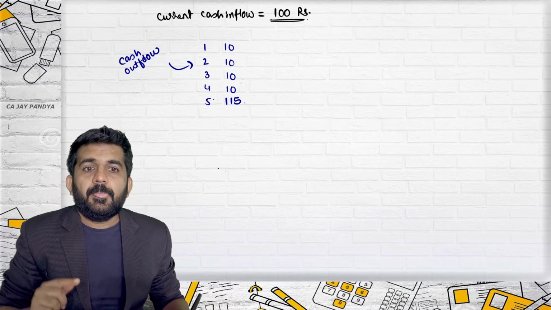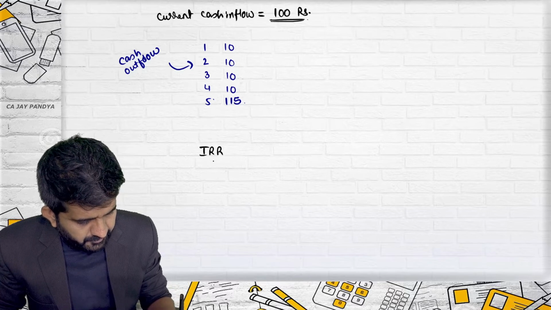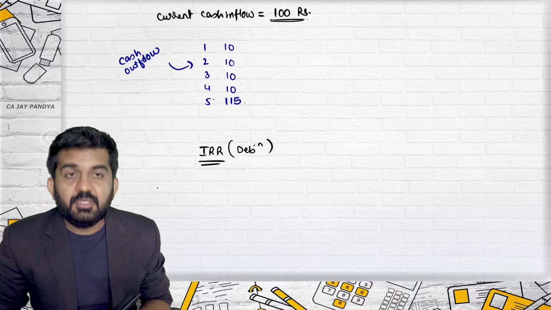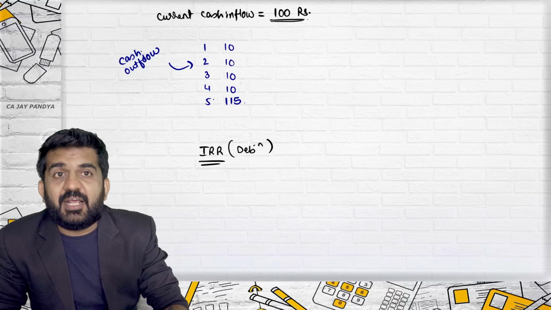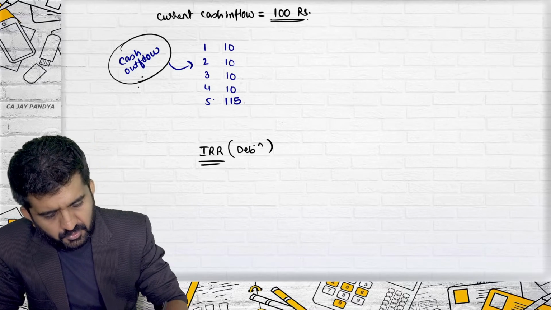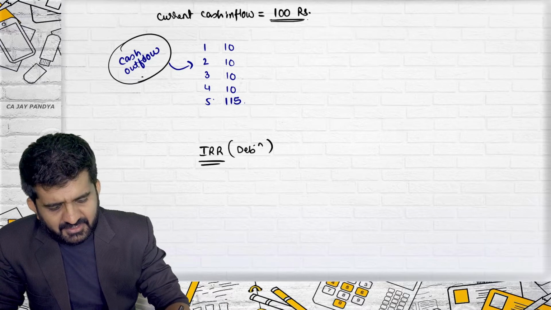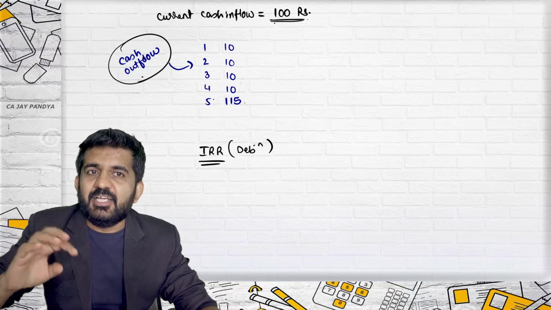Now, if I find out IRR of debentures, let me try it out. Let me find out the present value of cash outflow at the rate of 100 rupees. Let me make this as inflow and this as outflow. Is it all right? See, for the investor, it is inflow.